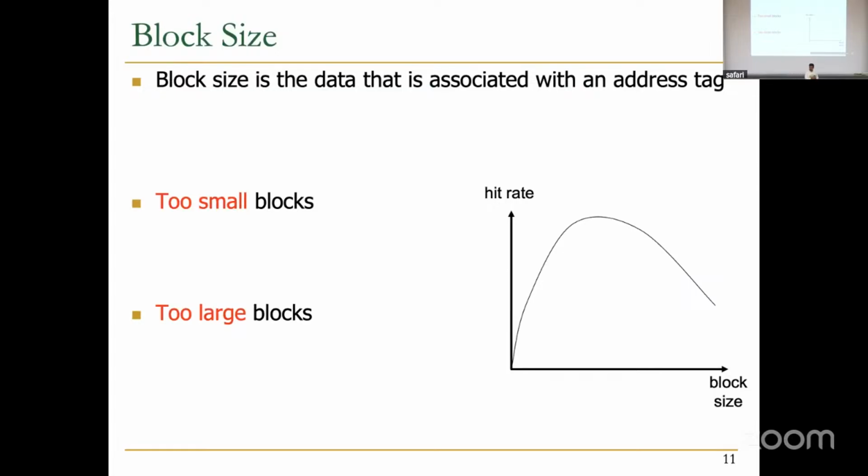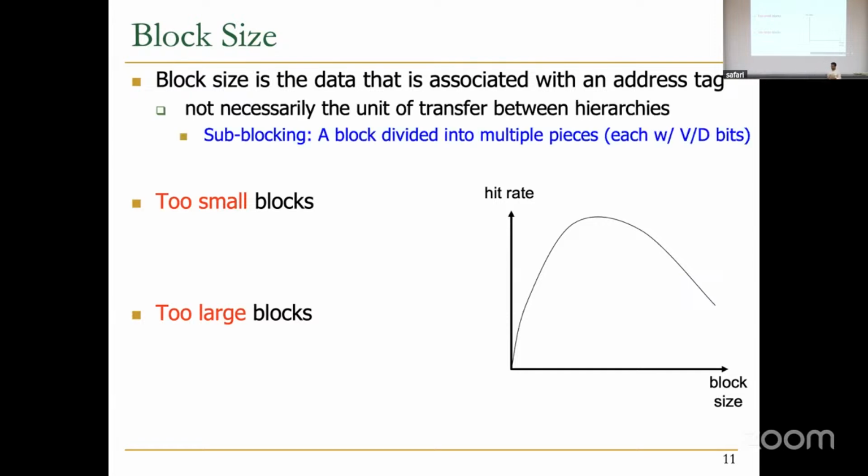Okay, so now let's see how the cache performance gets affected by the cache block size, right? As I said, the block size is the data that is tagged with the tag itself. The block size does not necessarily need to be the minimum quanta of data transfer between the memory and the cache hierarchy.